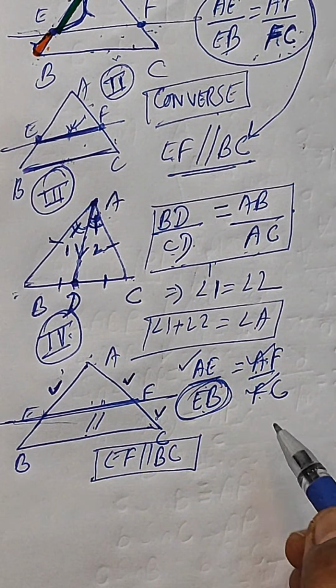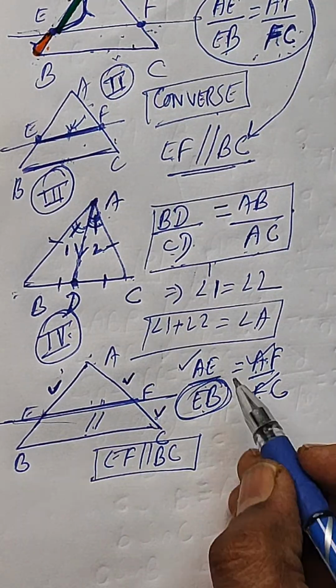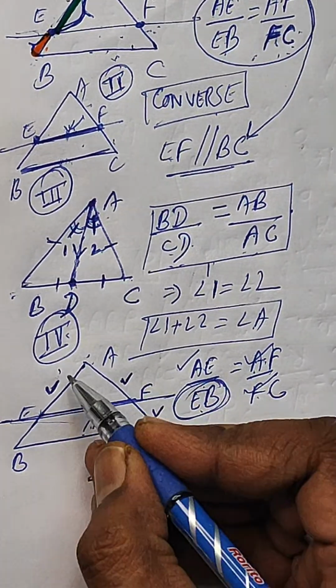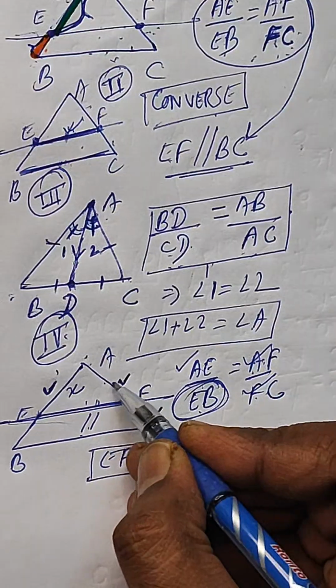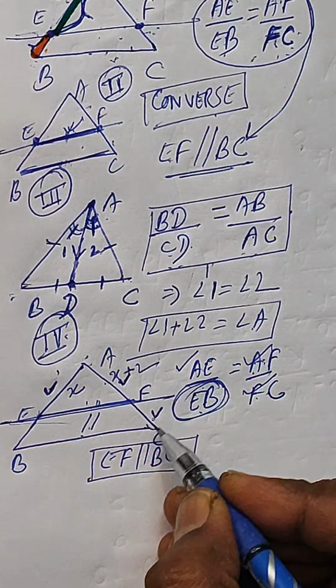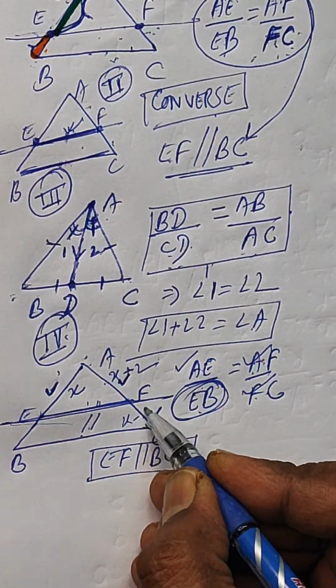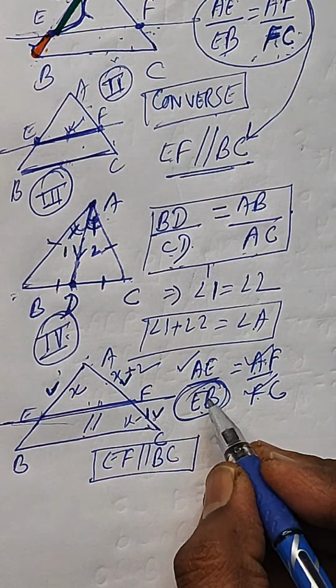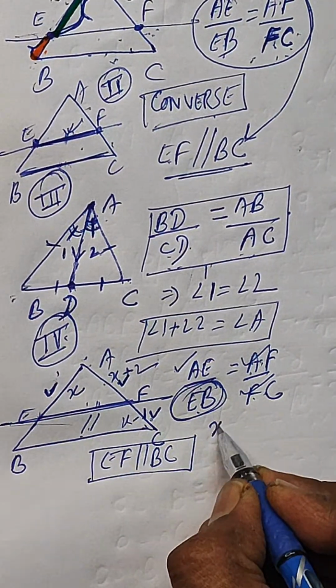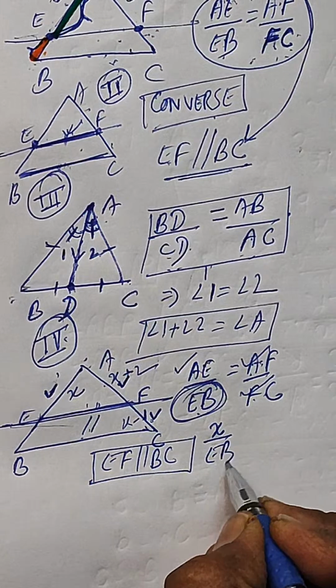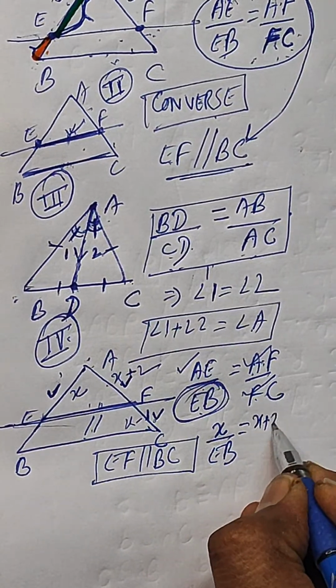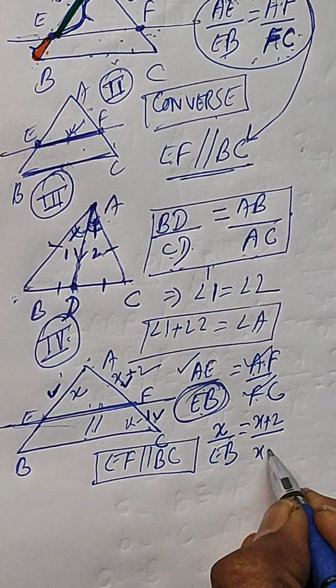Suppose this is x, this is given as x plus 2, and this is given as x minus 1. Then we can easily find EB. How? x by EB is equal to x plus 2 divided by x minus 1.